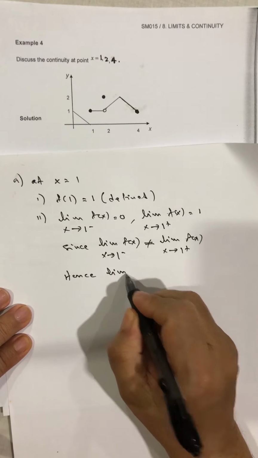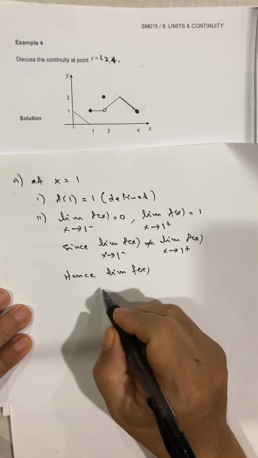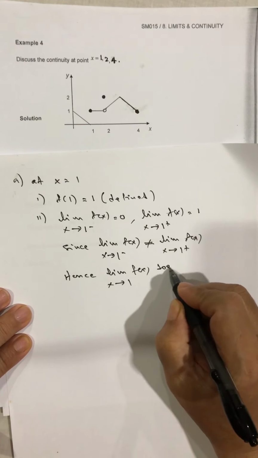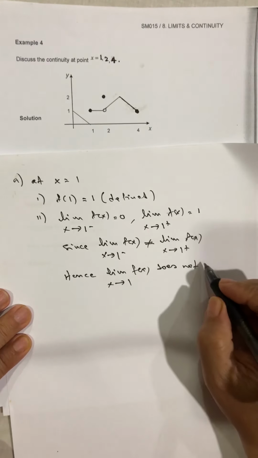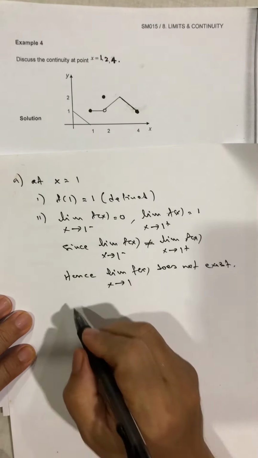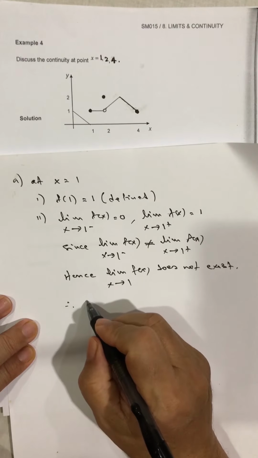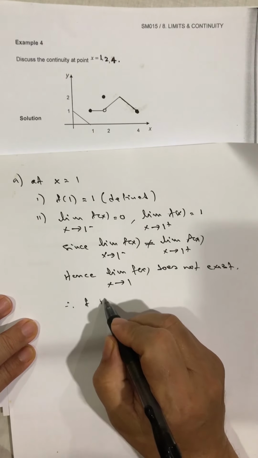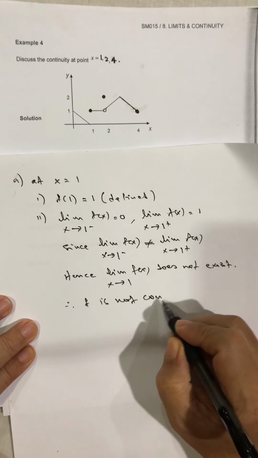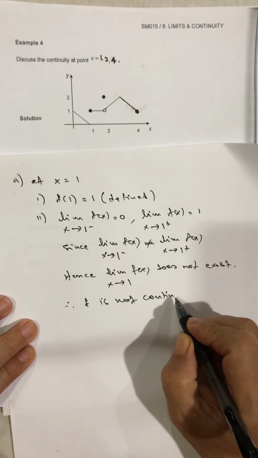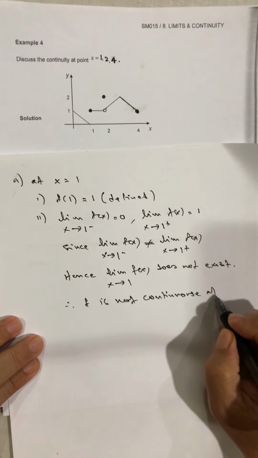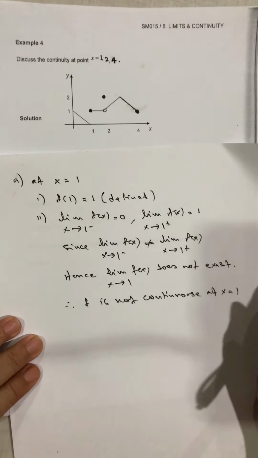The limit of f(x) as x equals 1 does not exist. Or we can say that f is not continuous at x equals 1.